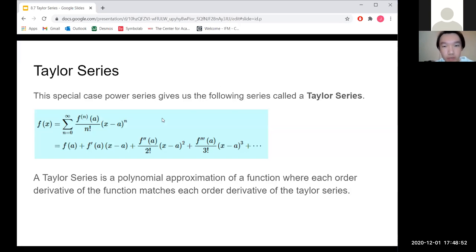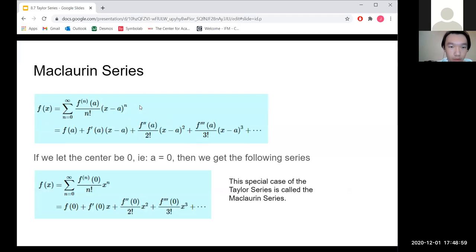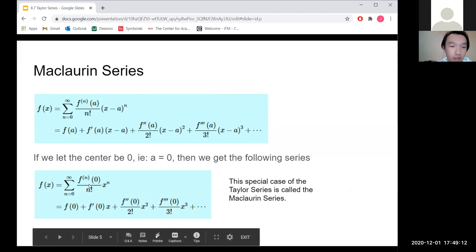And then in the Taylor series, we have the center still, right? So the center is A. There is one case where you let the center be equal to 0. If you go to your Taylor series, which we have on top here, and you let A equal 0, then you're going to get this blue part on the bottom.